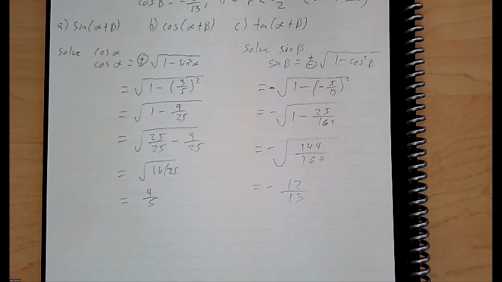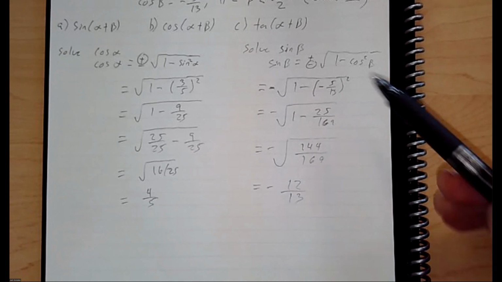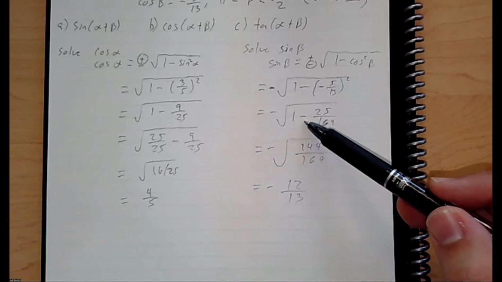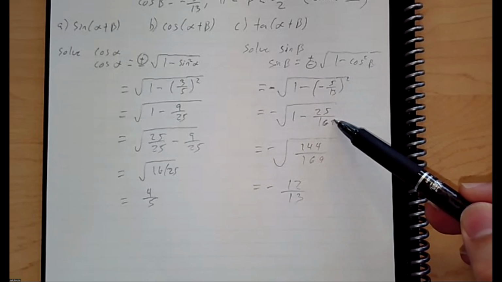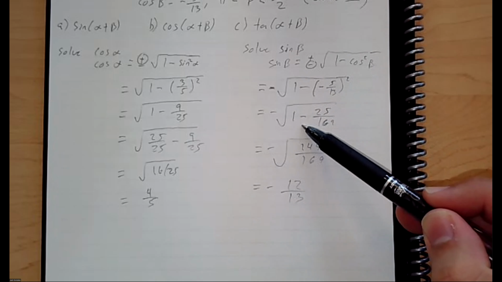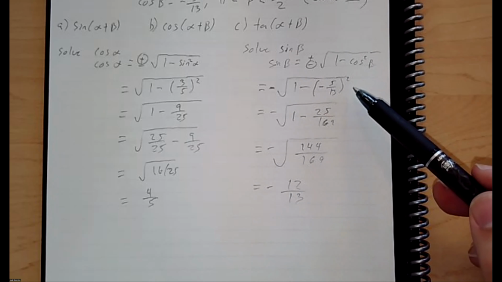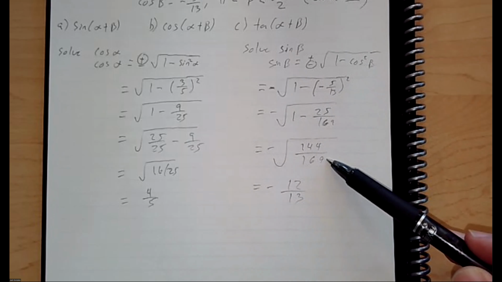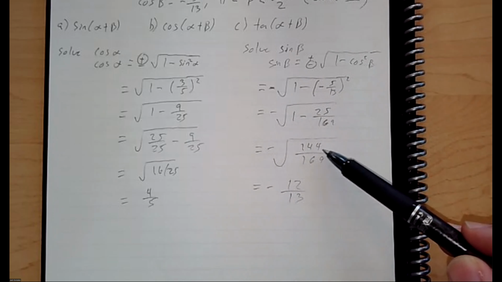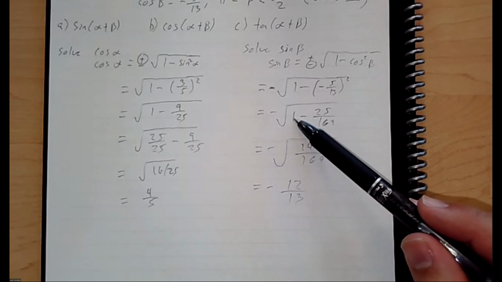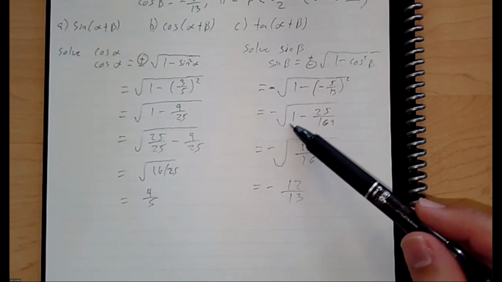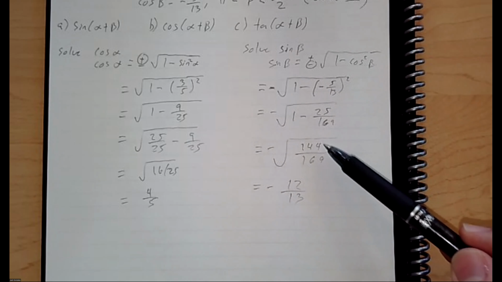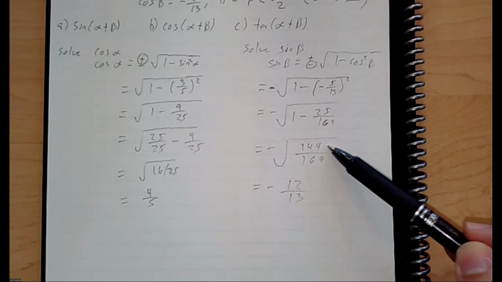After squaring, the negative becomes positive, because the exponent comes first. You subtract these two and you get 144. If you get the common denominator, this would be 169 over 169, and 169 minus 25 is 144. I just skipped that step.